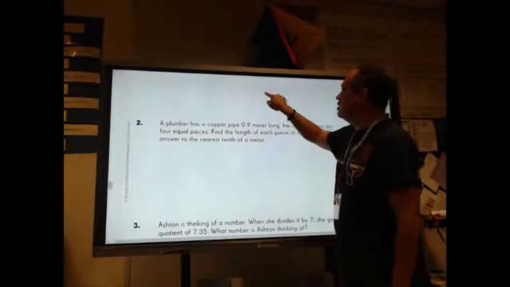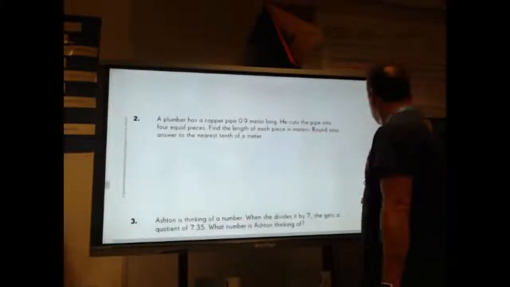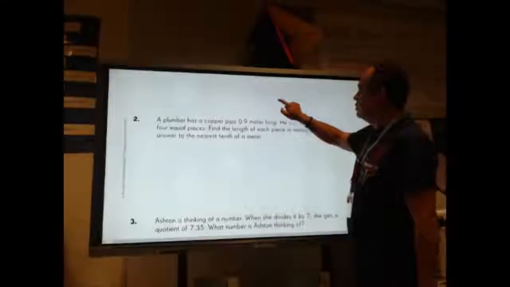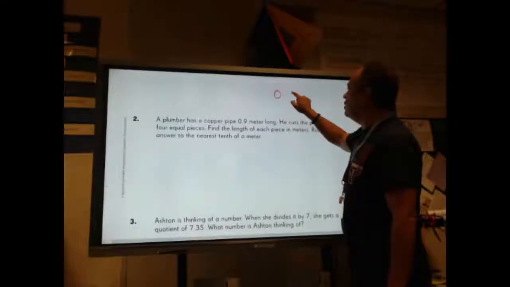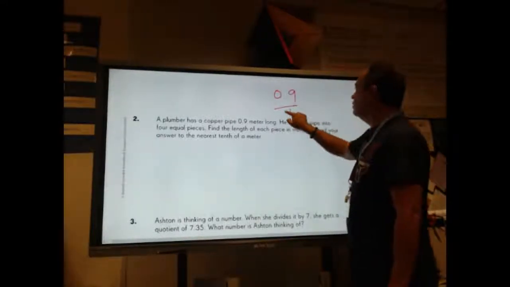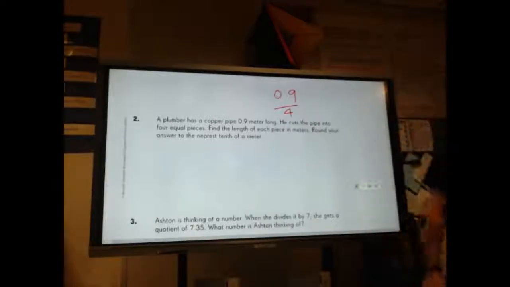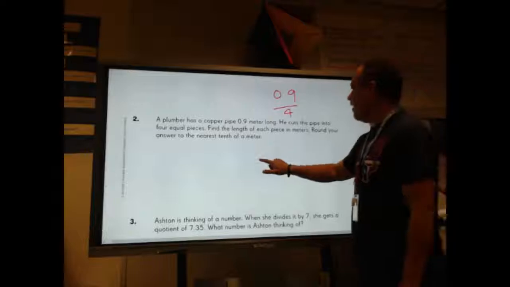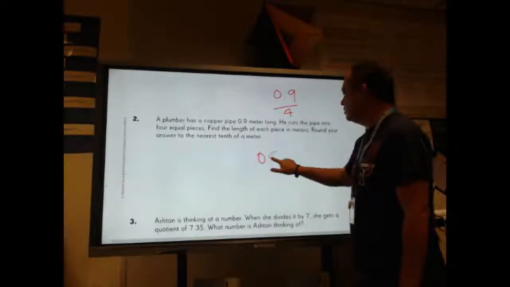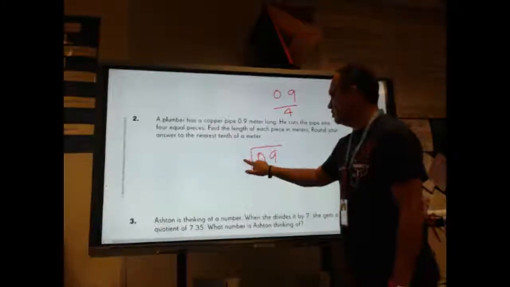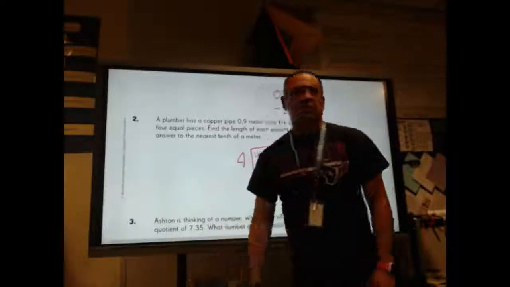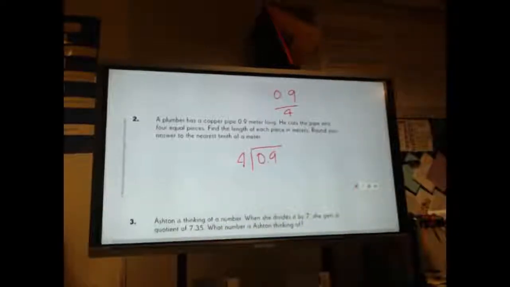0.9 divided by 4. It's kind of going to look like that, right? So you know it's going to be pretty easy. Just like when we multiply, we don't worry about the decimal point at first.